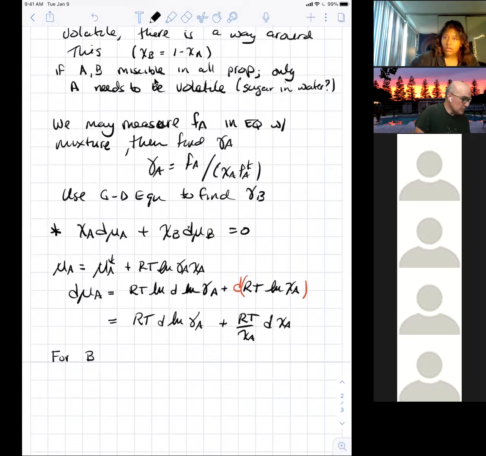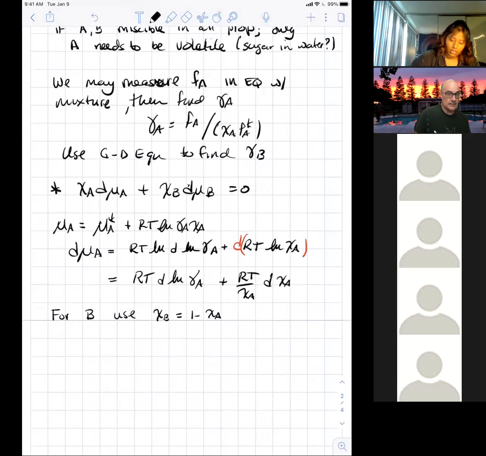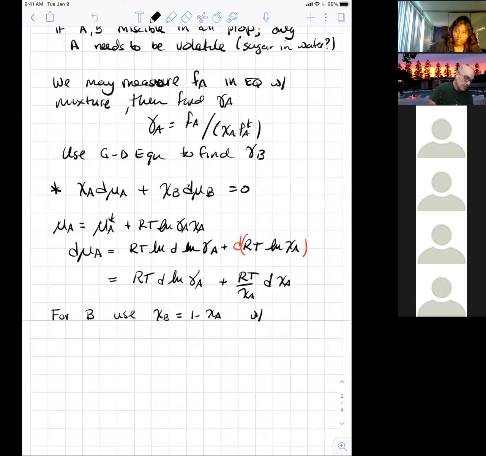All right, for the solute, we use the fact that the mole fraction of B is 1 minus the mole fraction of A, along with the definition or the derivative of this.